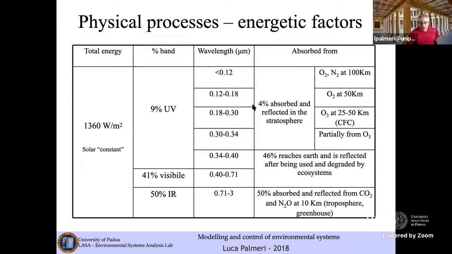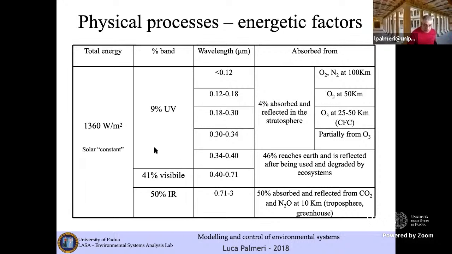For example, 4% of this radiation is absorbed and reflected in the stratosphere, while 41% of the band is visible. And the visible reaches the Earth and is reflected after being used or transformed by degradations in the ecosystem.